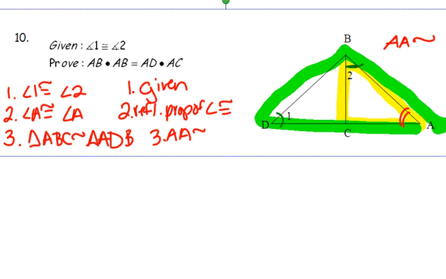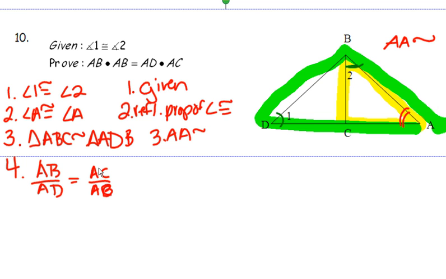All right, from this point on, it works very much the same way as that last one that we just did. So now that my triangles are congruent, I'm sorry, similar, then my sides are proportional. So I can go ahead and say some stuff about my proportional sides. So I need to say that AB is to AD as AC is to AB.